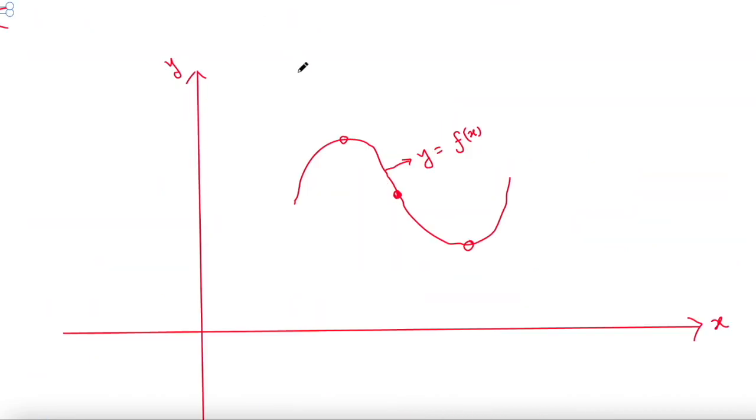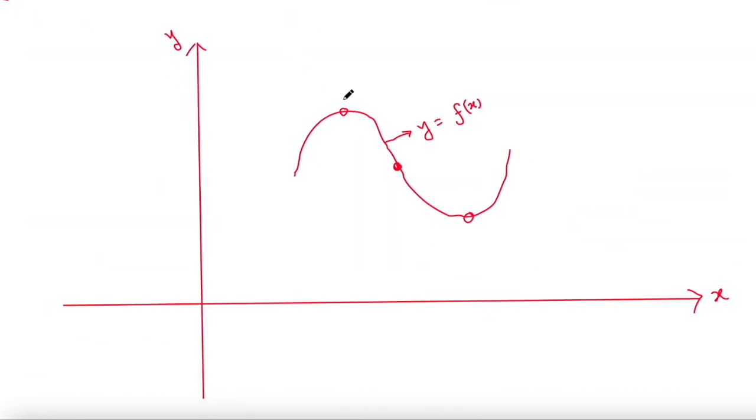So let me discuss these things again in this graph. At the maximum point, I said first derivative equal to 0. In this figure we want to know the mathematical condition to understand whether the point is a maximum point or minimum point or inflection point or a stationary inflection point.